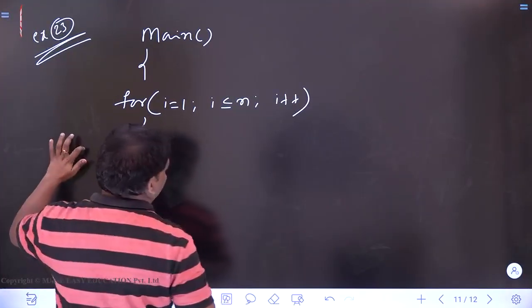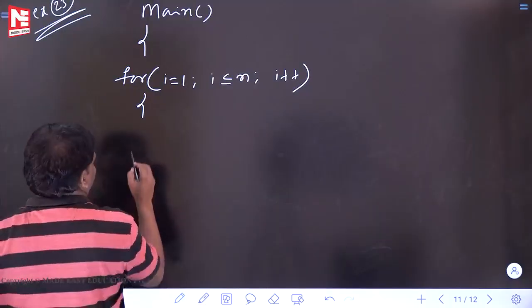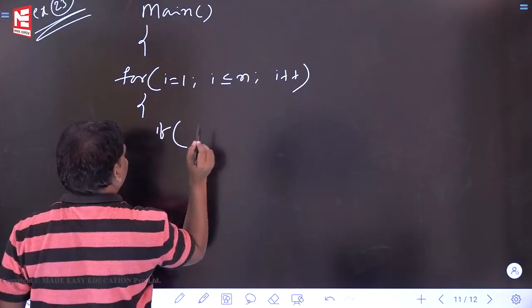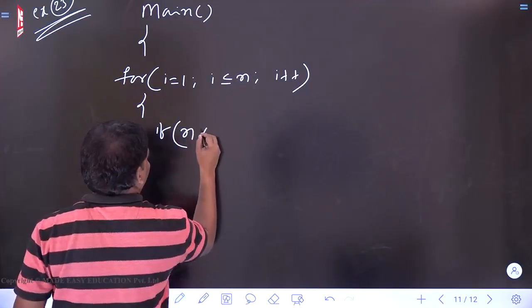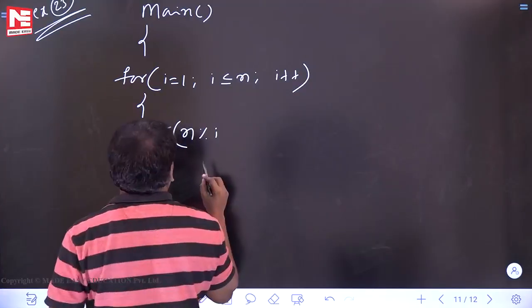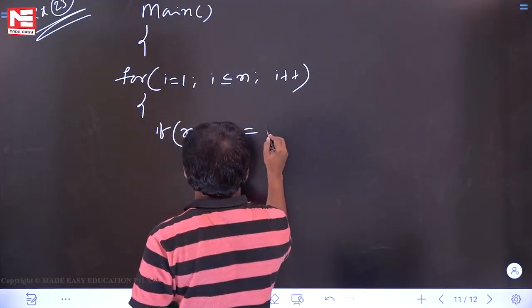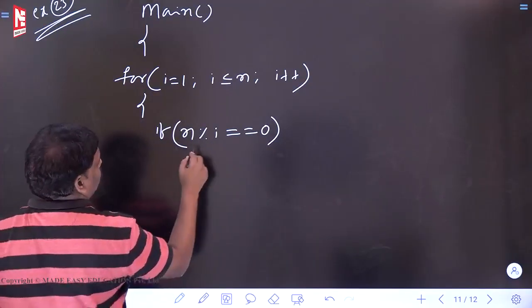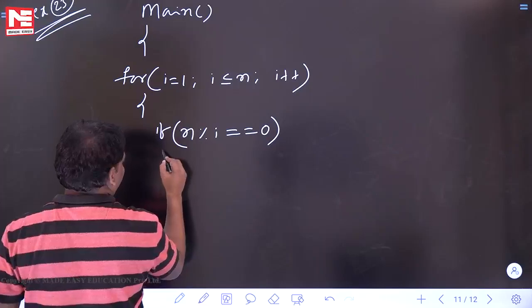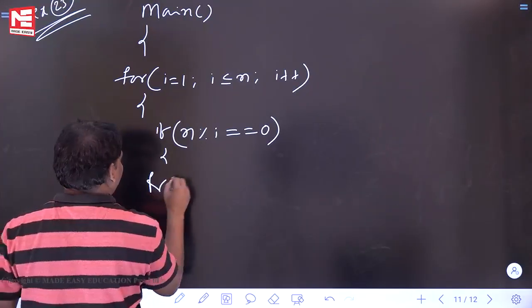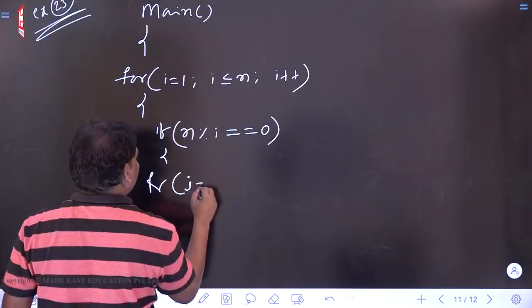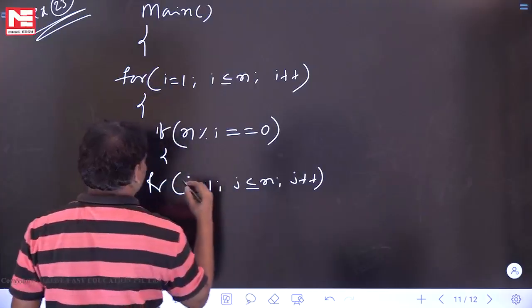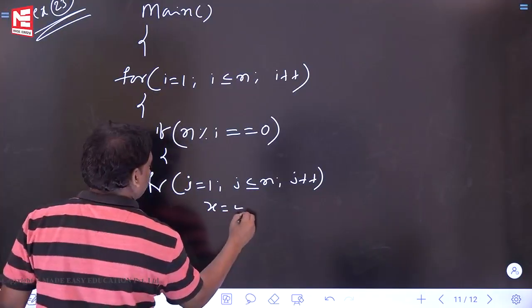Next one: if n modulo i is equal to 0, for j is equal to 1, j less than or equal to n, j plus plus, x is equal to y plus z.